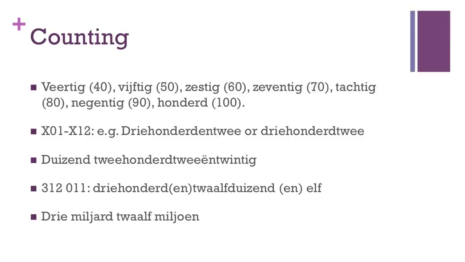If you say 3 billion and 12 million, it's 3 miljard 12 miljoen. Oh, and I forgot, 0 is 0. And now you can count from 0 till 1,000 billions in Dutch. Congratulations!